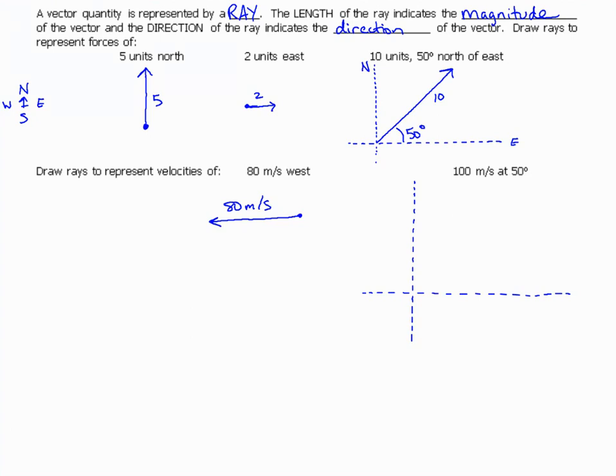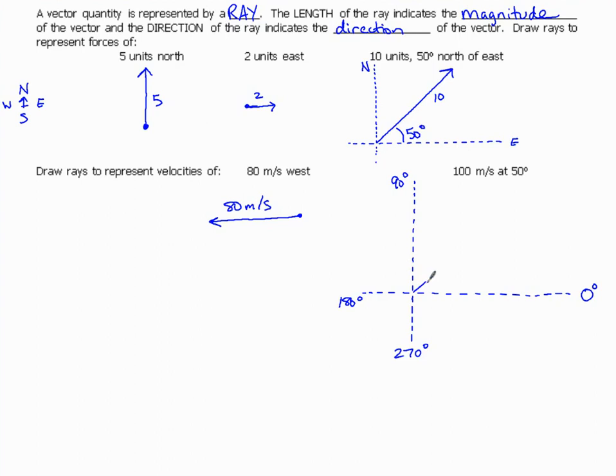So we have to use the appropriate degrees, and like in math, 0 begins here. This would be 90 degrees. Here is 180 degrees and 270 degrees. 100 meters per second at 50 degrees. So here's 0, 50 would be approximately here.